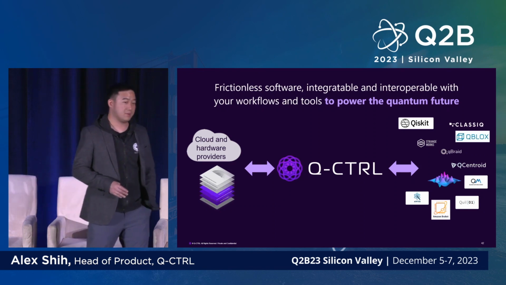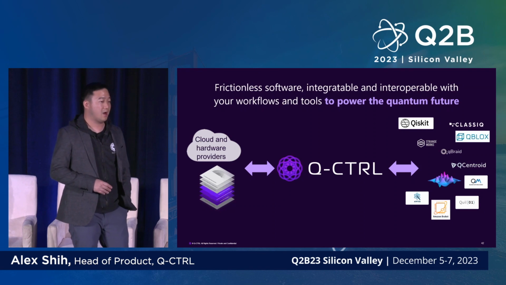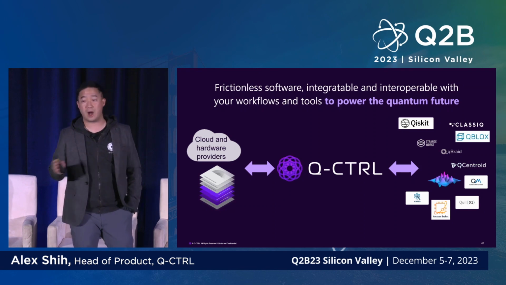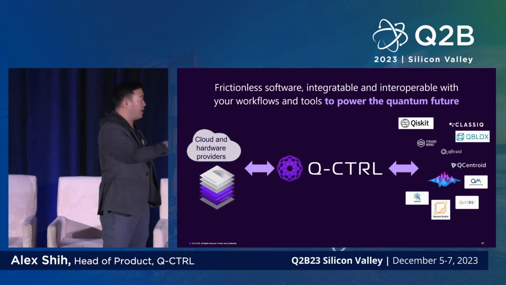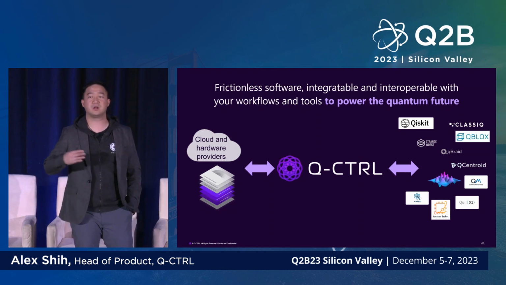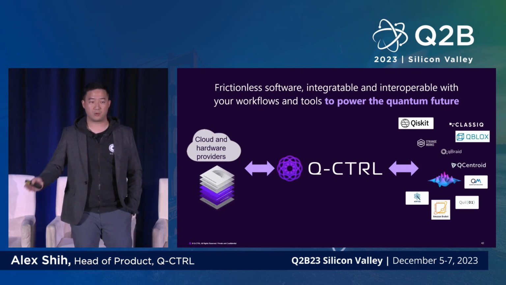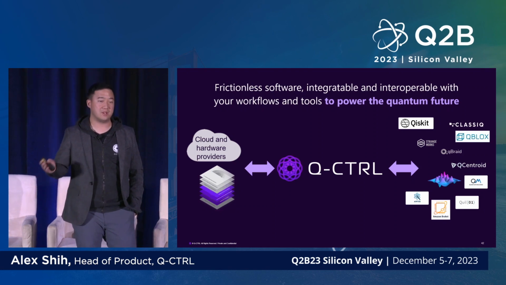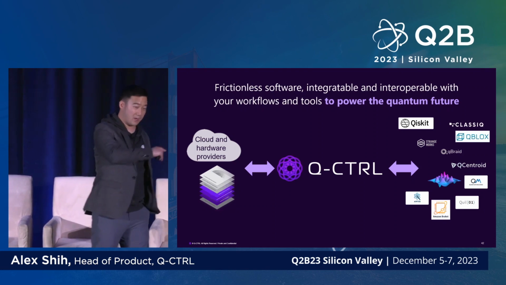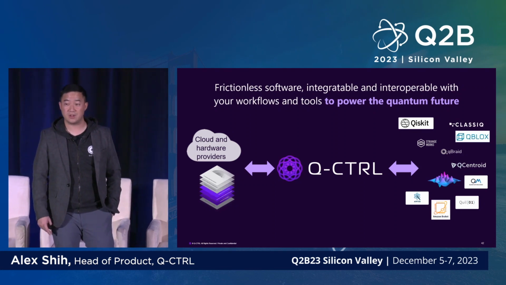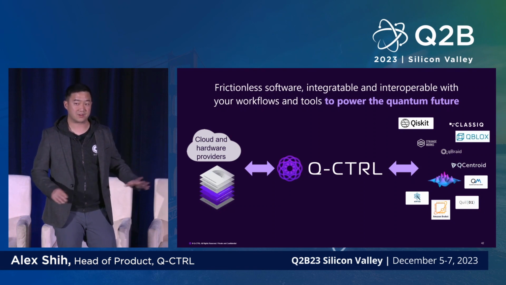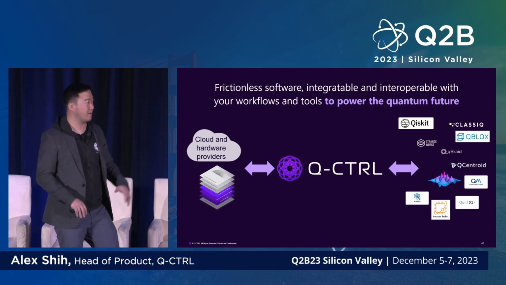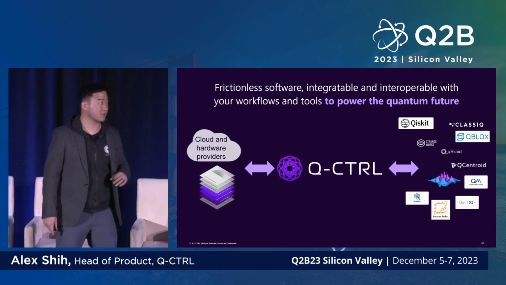Our goal is to be flexible, integratable, and interoperable with both software packages and different programming frameworks, as well as to be hardware agnostic, able to connect with different hardware vendors, whether it requires natively integrating or integrating through cloud accessible interfaces. Either way, our architecture and our technical specs are flexible for any kind of interface and any kind of architecture.